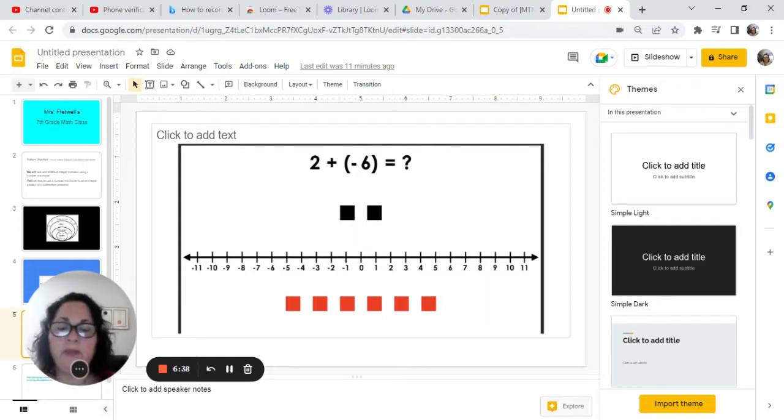So we're going to start at positive 2. We're going to go to our left and we're going to go 6 spaces. So we're going to go to 1, 0, -1, -2, -3, -4. So we go 6 spaces, that would take us to -4. Questions?